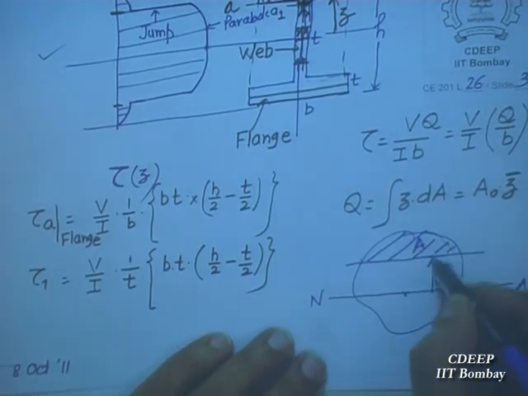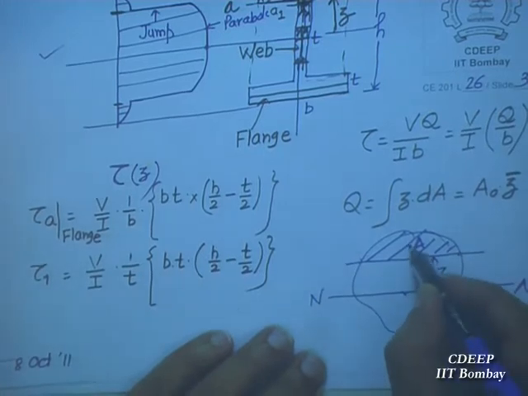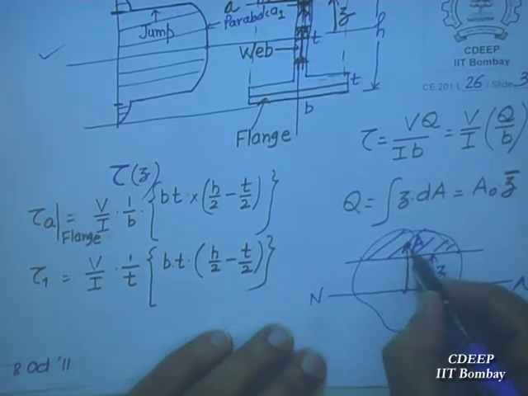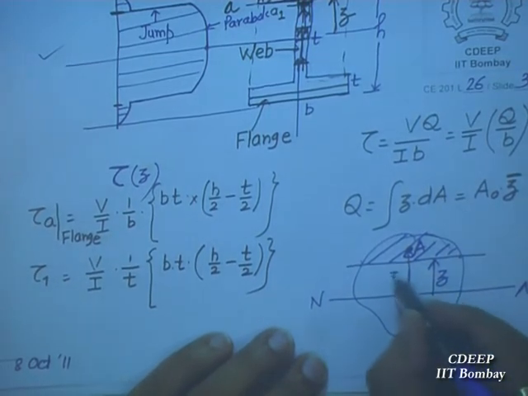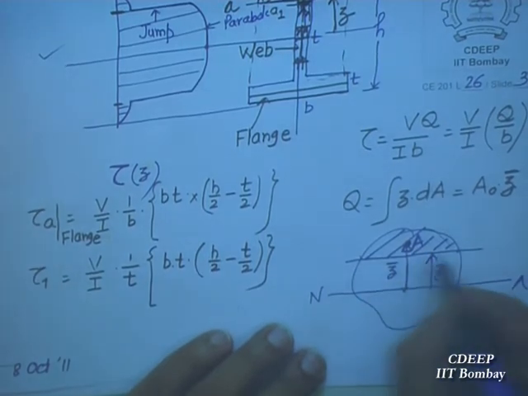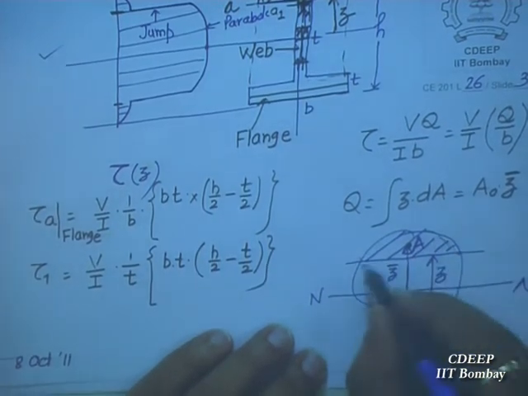First moment of the area is also equal to area multiplied by the distance to the centroid of this from here, Z bar. Z bar is the distance from here to the centroid of this area only.